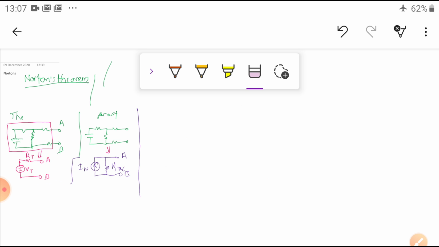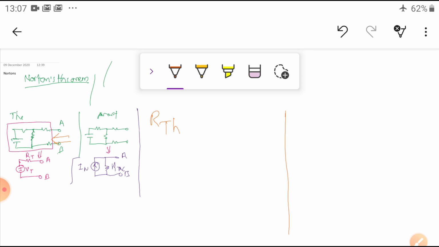Similarly, you know the process, that is R Thevenin. So by seeing here, you are going to calculate it. First you calculate the R Thevenin.